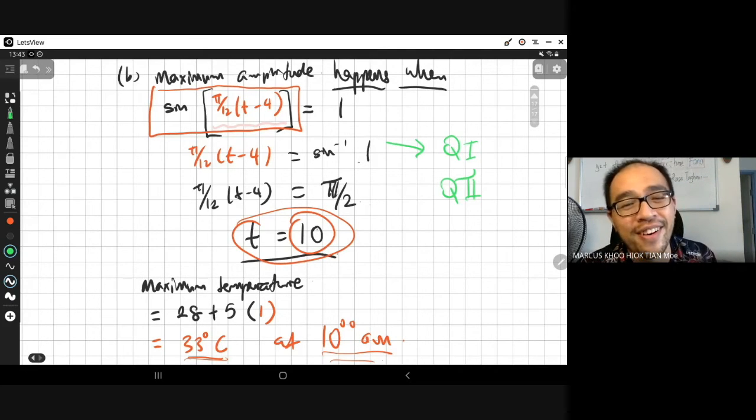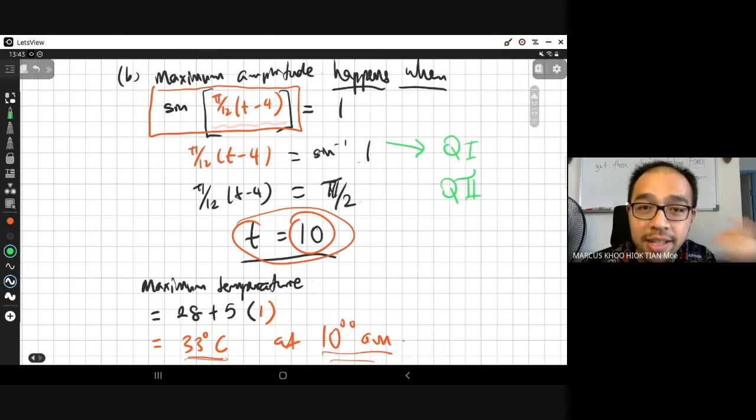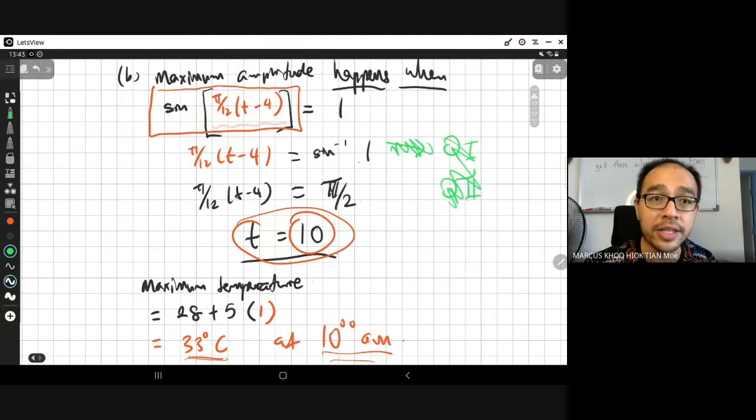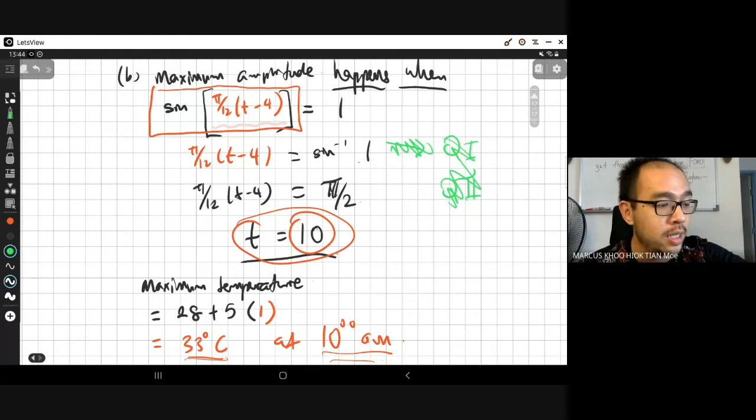We're not interested in that. We just assume that everything is just quadrant 1. If it's quadrant 2, it'll be quite interesting though. 90 degrees, quadrant 1, quadrant 2 is the same. So let's not worry about this. The calculation is not that difficult. What is difficult is reading the question and understanding it. That is actually the challenge.